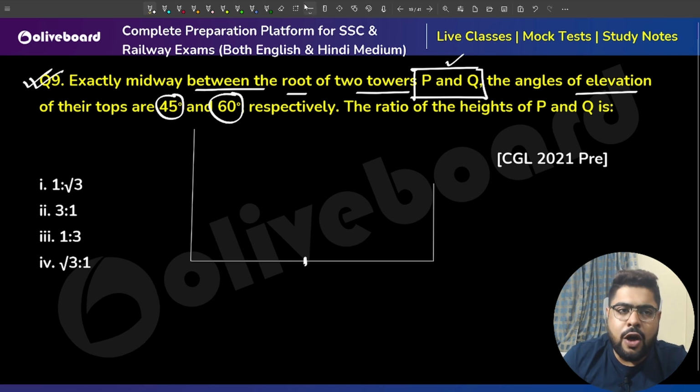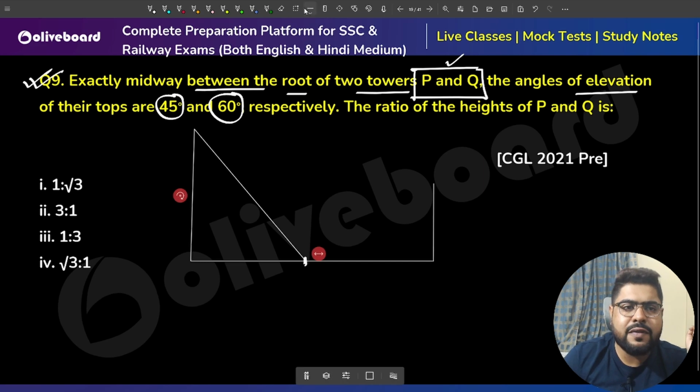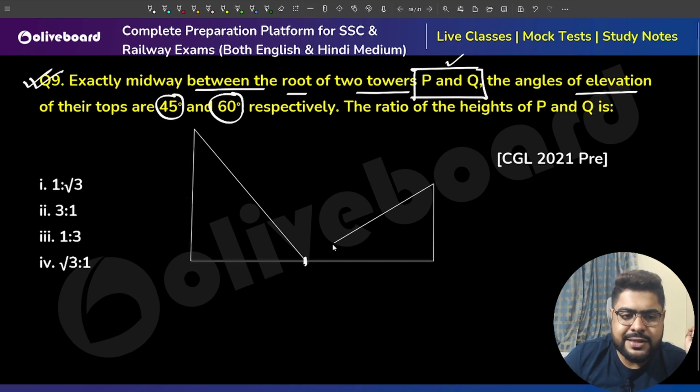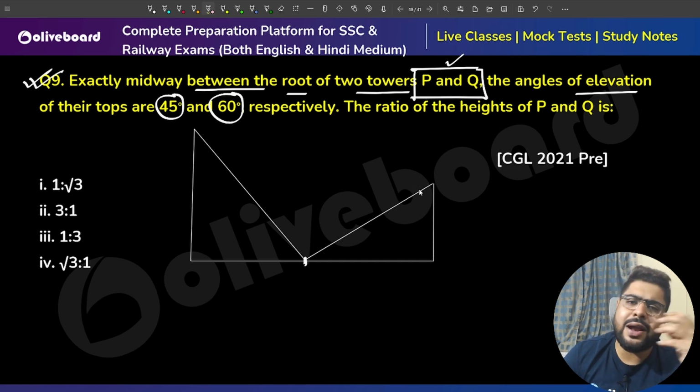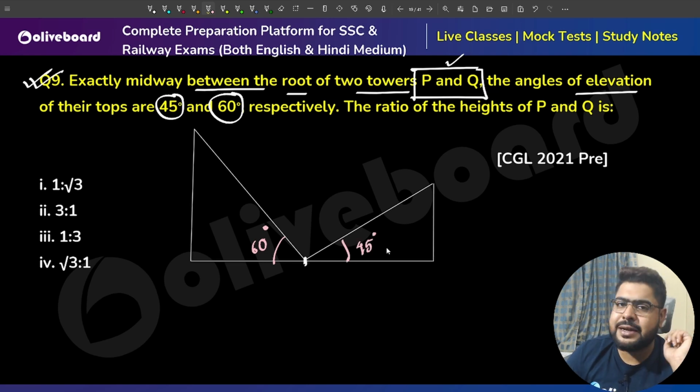Now, from the midpoint, they have given you two angles of elevation. One angle is 60, one angle is 45. To be politically correct, we should take this as 60, this as 45. Why, sir? Because it is very evident: opposite the 60 the value will be greater, and the 45 will be lesser.